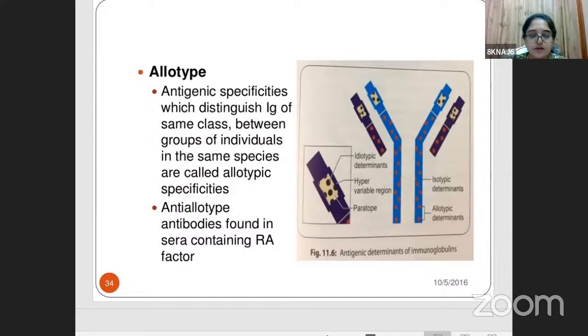If the parasites or the antigens are combined together and present in one place, it is very easy for phagocytosis to occur. So that is what is happening in agglutination and precipitation. In complement fixation, a complement cascade comes into place.